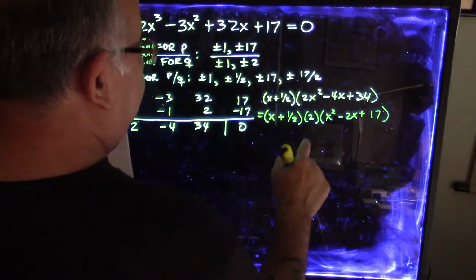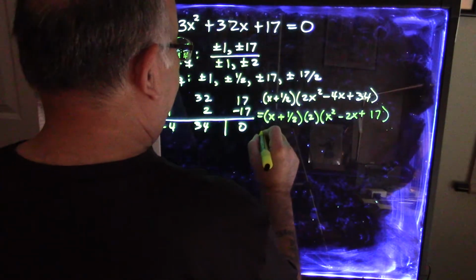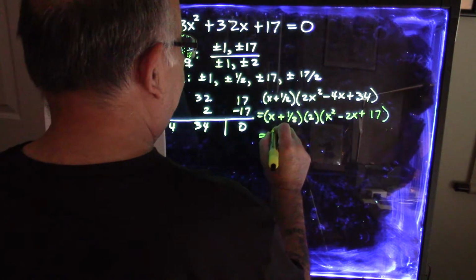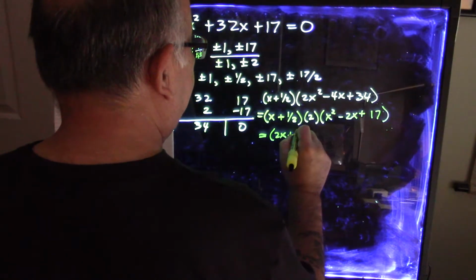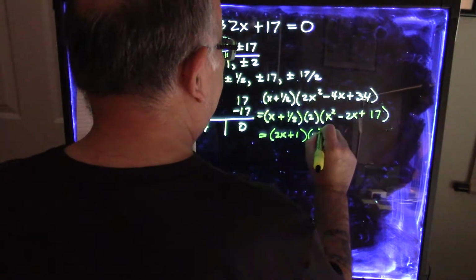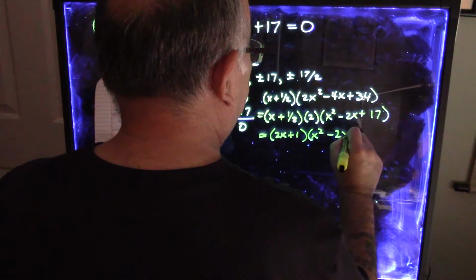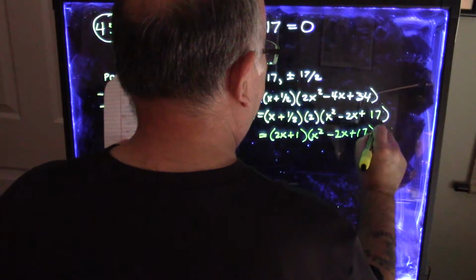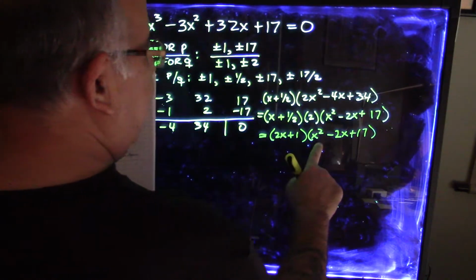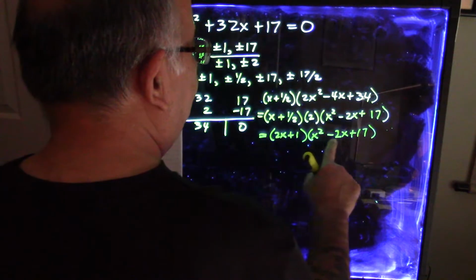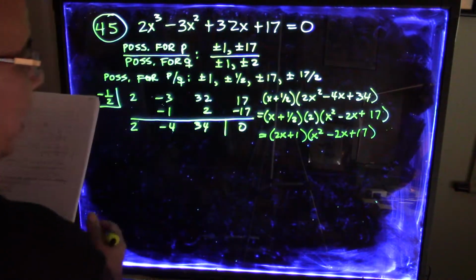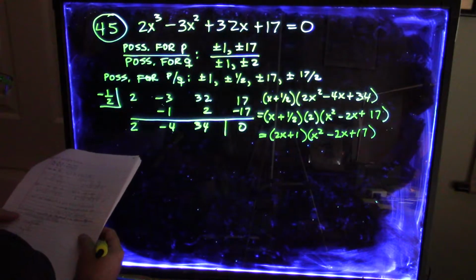Okay, so multiplying the first factor there by 2, we get 2x plus 1. And then x squared minus 2x plus 17. So that common factoring will save us a little trouble when we solve that for x.